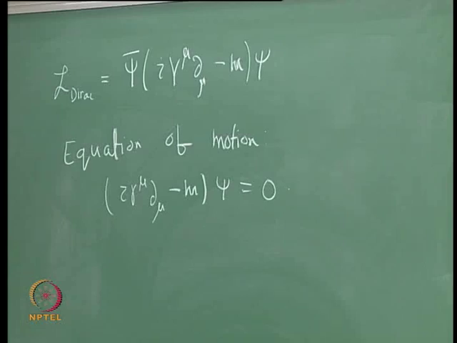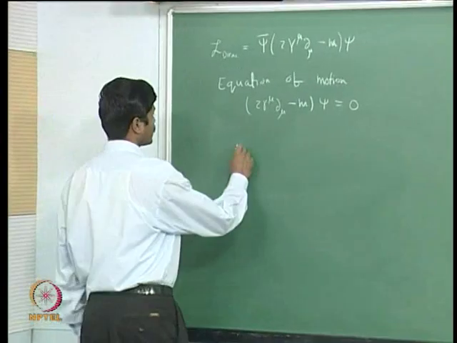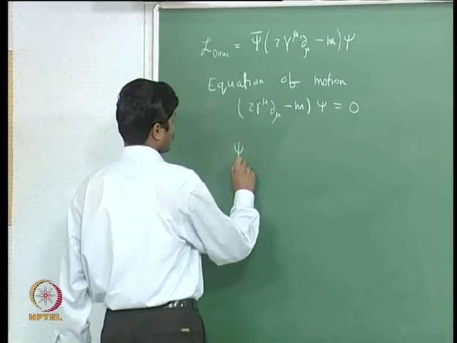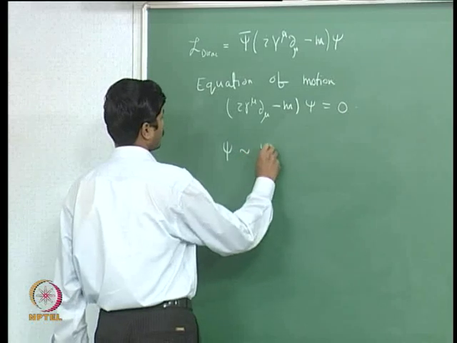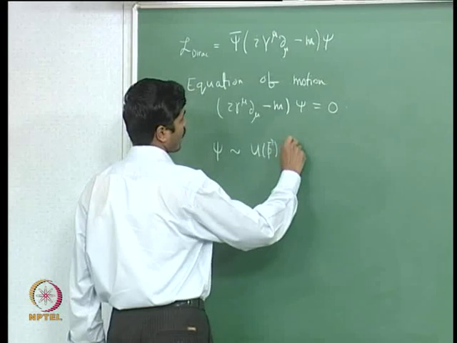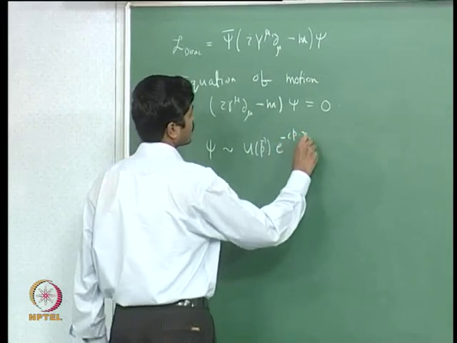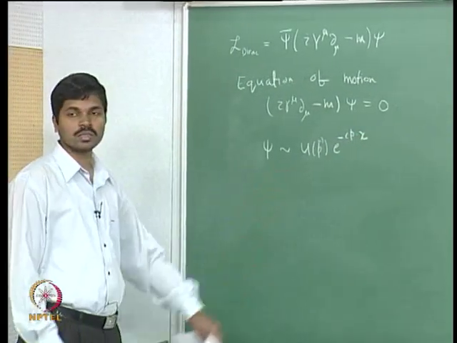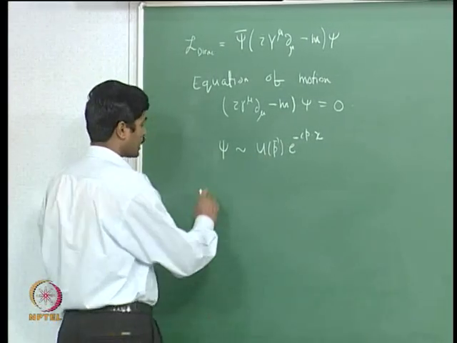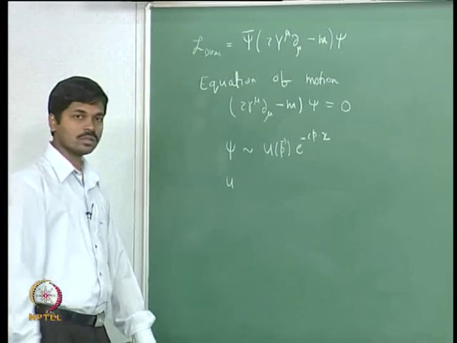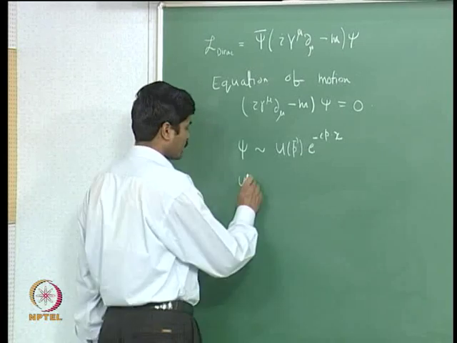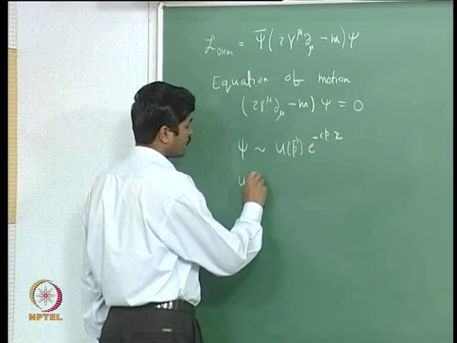This admitted both positive frequency as well as negative frequency modes. They are given by ψ = u(p) e^{−ip·x}. If we look for a solution of this kind, we see that there are two linearly independent four component spinors, which I call u_s(p).